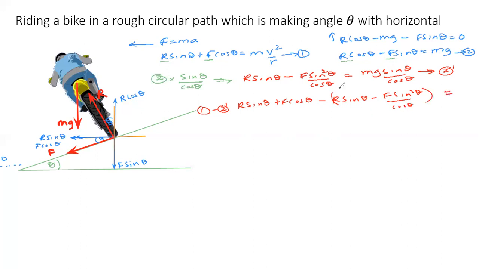This equals mv squared over R minus mg sin theta over cos theta.